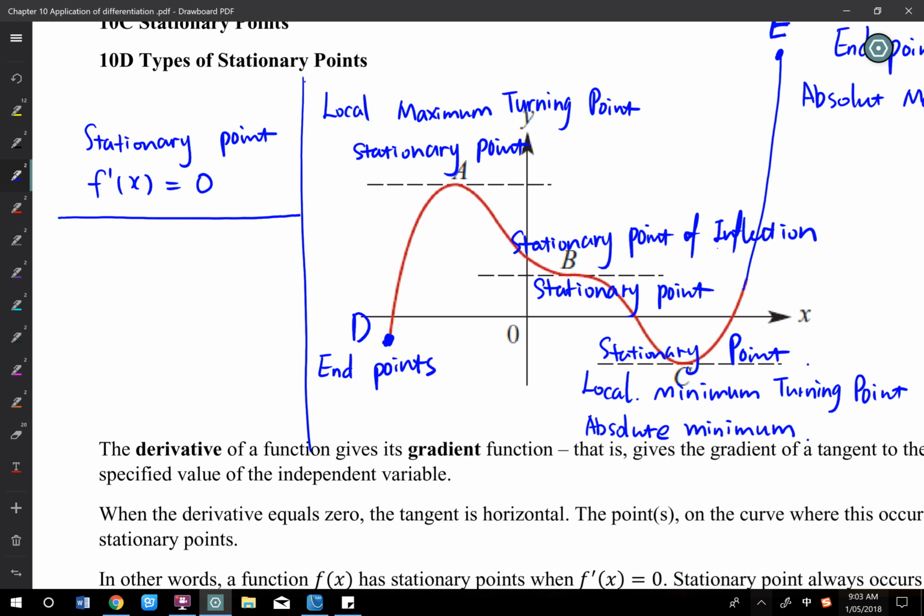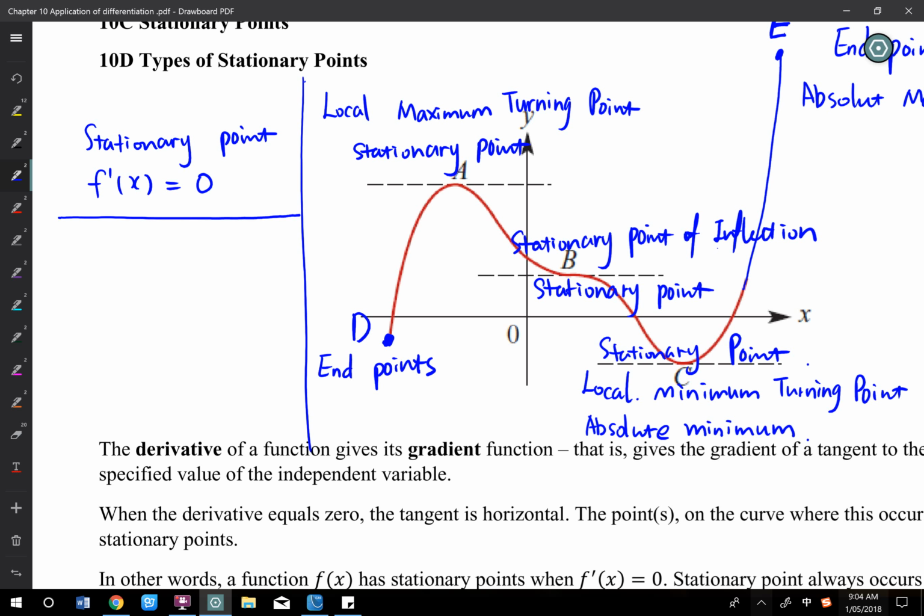That will be the local minimum and also the absolute minimum. The word local is only used for turning point. Those ones can't be local maximum minimum. They are only absolute. Absolute maximum minimum is the highest and the lowest point of that diagram. So x squared has a minimum turning point. Like this, you have the minimum turning point, and also it's the absolute lowest point of that diagram.